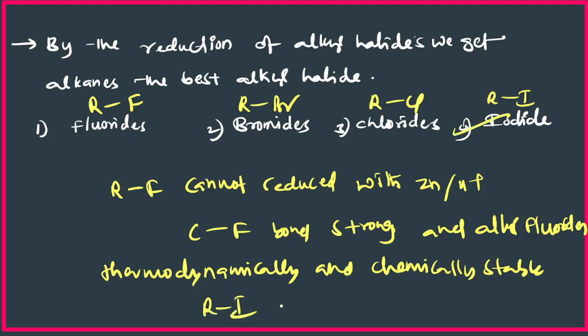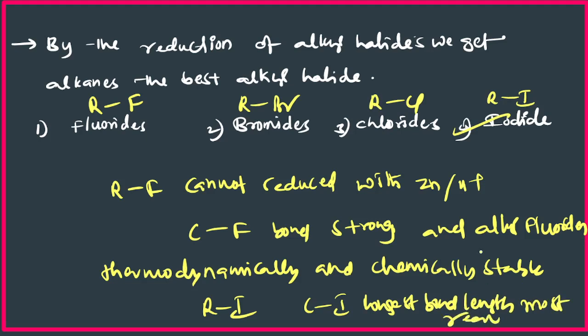Alkyl iodide is more reactive because the carbon iodine bond is the longest bond length. Option is the fourth one, option C. This is for reduction of alkyl halide to alkane in the methods of preparation of alkane.